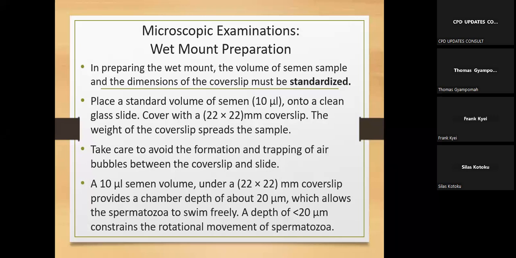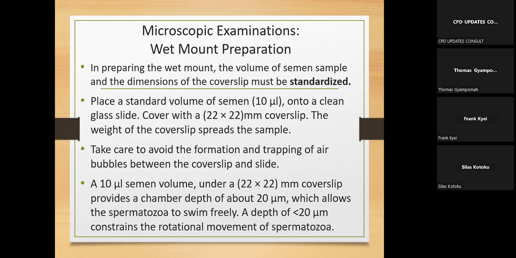I'm sure you know the dimensions of our slide. The dimension of our slide should be known, 25 by 75. So if you put a cover slip, the cover slip cannot also be 25. The cover slip should leave a little space here and there, so that in case there's any excess specimen, you can mop it.